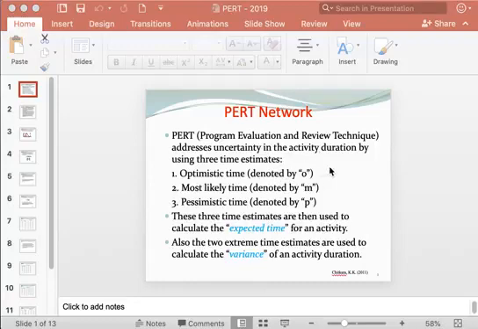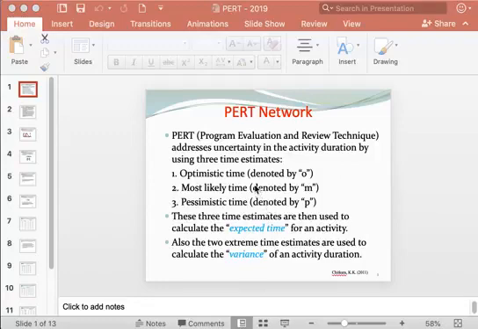In such cases, where the activity durations are not certain, three time estimates are used for each activity duration.